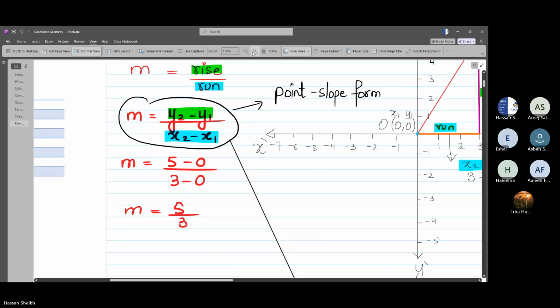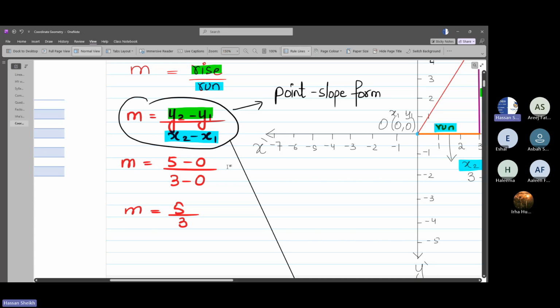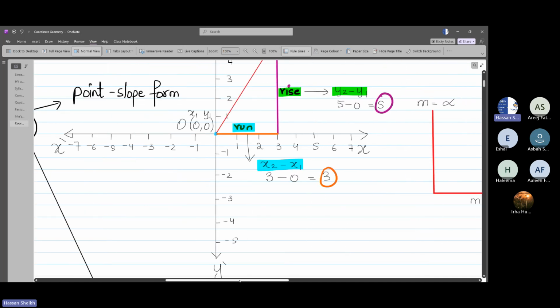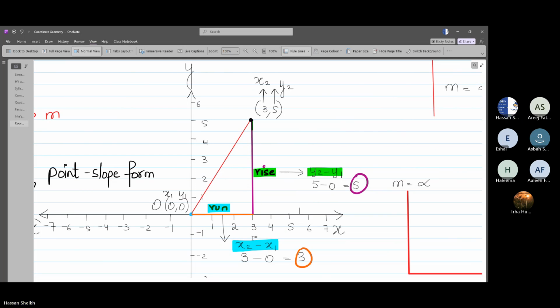And that's how we calculate the slope, which comes out to be 5 over 3. So the slope or gradient or steepness of this line is 5 over 3. Agree? Any doubt in understanding slope or gradient?